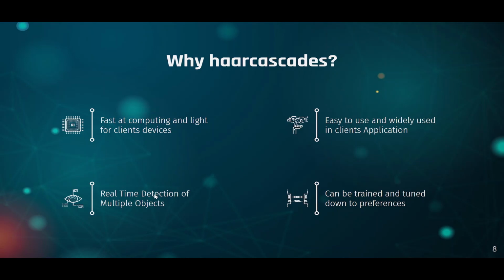The third point is Haar Cascades provide you with real-time detection of multiple objects at once, and it is very easy to do. You don't have to make some adjustment or anything. The fourth point that is an advantage to Haar Cascades is that they can be trained and can be tuned to your own preferences and use case. So they provide both a fast, light performance as well as the flexibility if you want to change something.